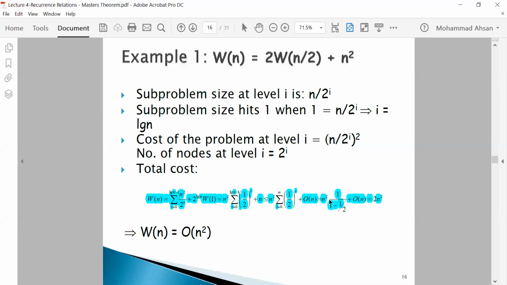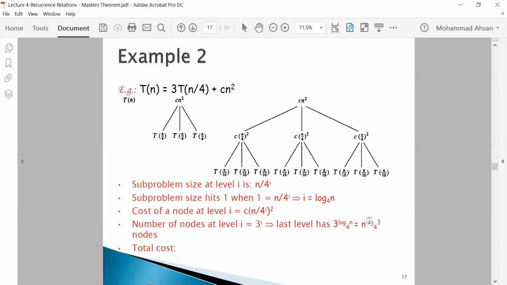When you get n square and n, you take the higher of the two, it is 2n square. So Wn is n square. Again, similarly, in this problem you have 3 subproblems, so it's not a binary tree now. It is a tertiary tree.